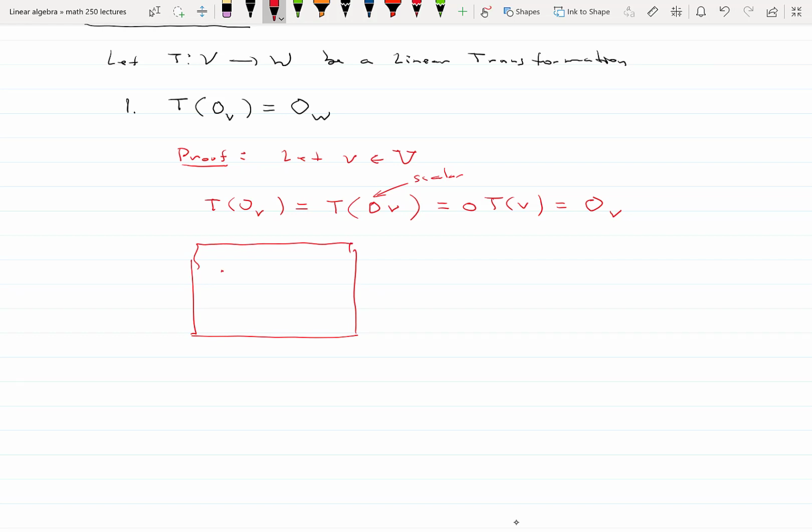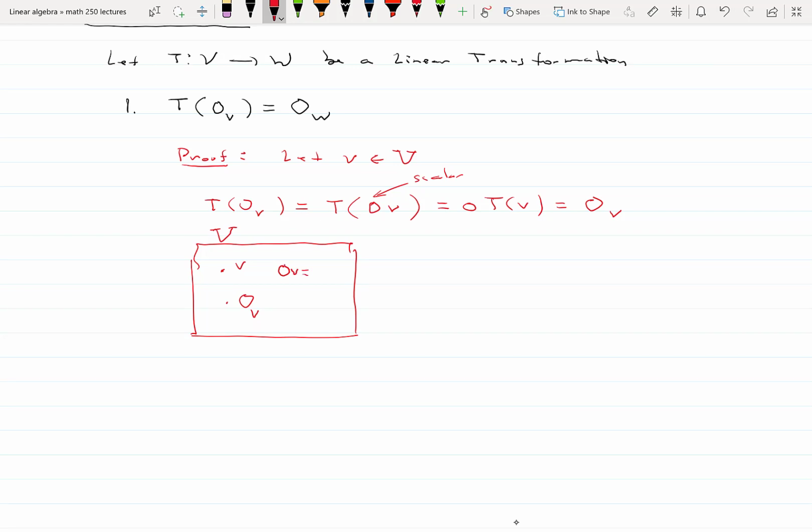If you didn't see what I just did there, I picked something out of the vector space V, the small v. The zero vector in V is also there, and it looks like 0 times v. The zero vector, 0 sub V, is also in there. So is 0 times v.